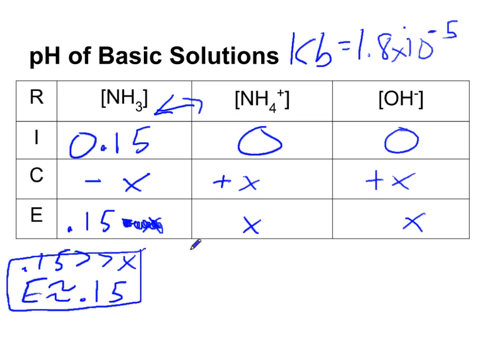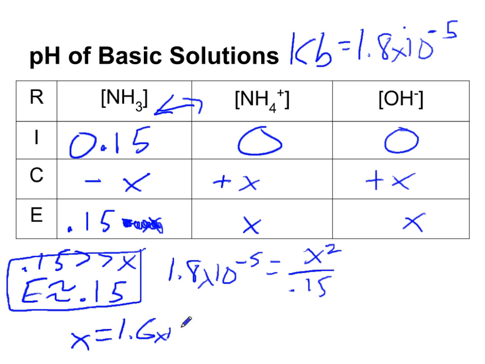So now we can solve for x. 1.8 times 10 to the negative fifth is equal to x squared divided by 0.15. When you solve that, x is equal to 1.6 times 10 to the negative third. Again, that's not the final answer to the question.